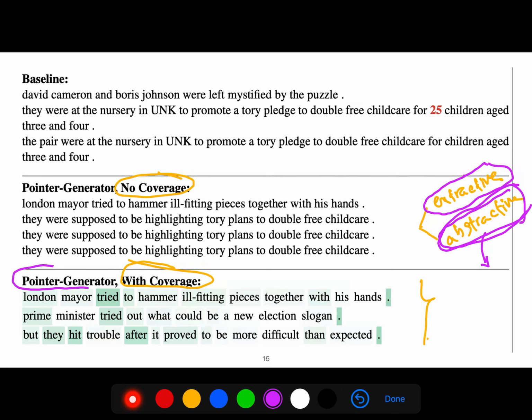But this pointer generator with coverage, it's so strange because it uses a combination of both of them. So it's beautiful. But the bad thing about this article is that it needs supervision. So you need to learn a lot of things, and it's not a problem, because we are very good at supervised learning.